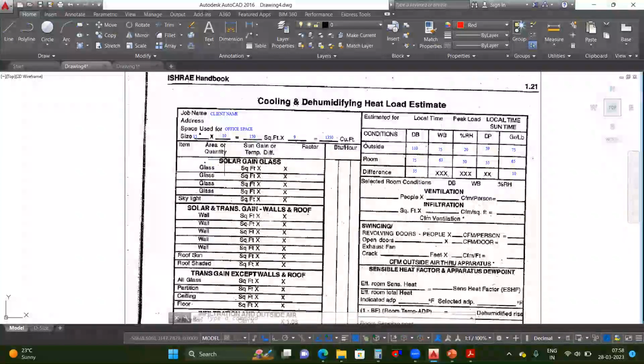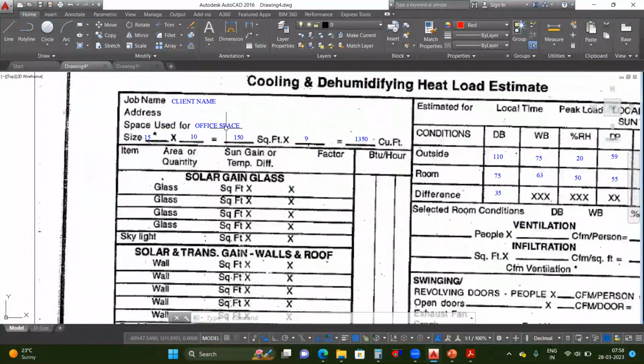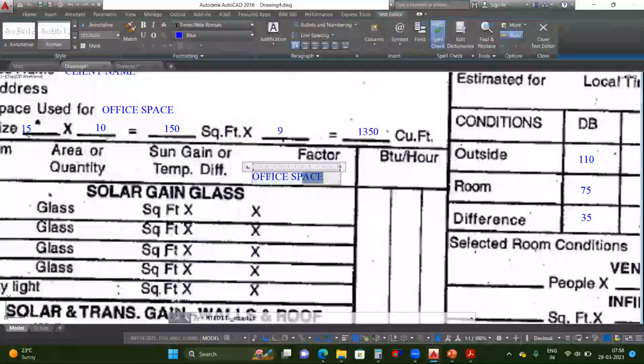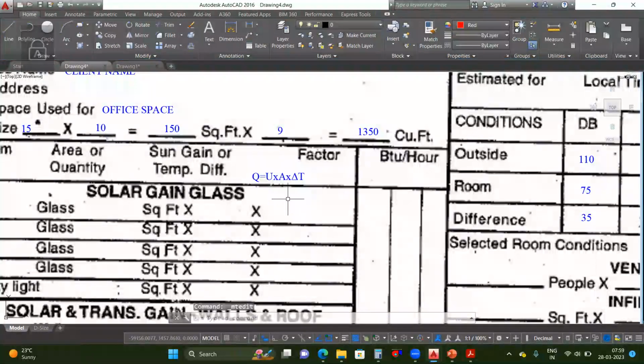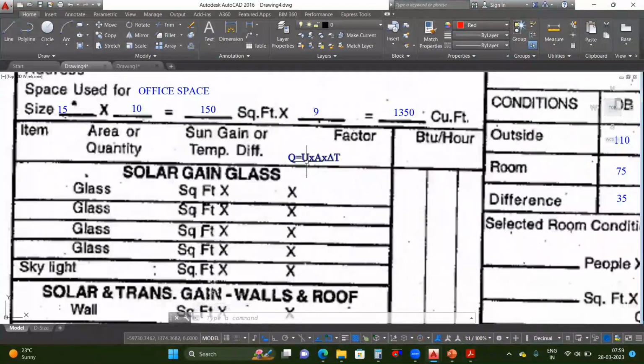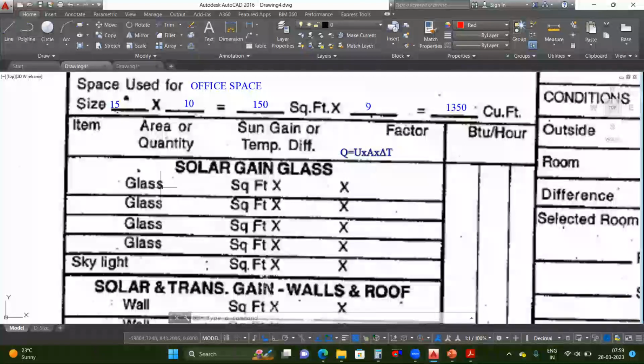Okay, so the solar gain through glass formula is, I will write it here: Q equal to U multiplied by A multiplied by delta T. U is the heat transfer coefficient, A is the area of the glass, and delta T is the temperature difference.